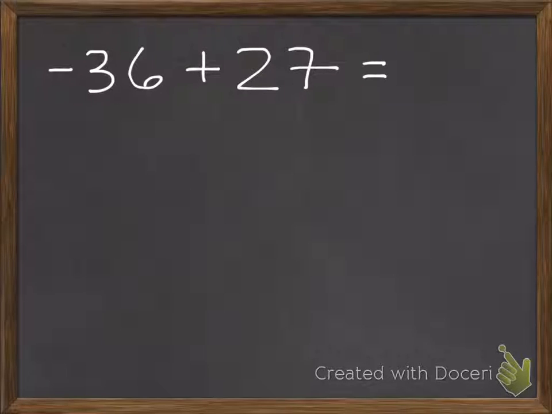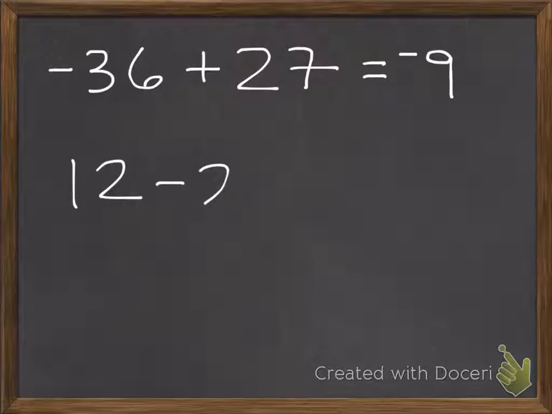Oh, I'm sorry, 9. And then I would take the higher number, which is the 36 when we do the absolute value. So 36 is negative, so my answer is negative. So negative 9 would be my answer.